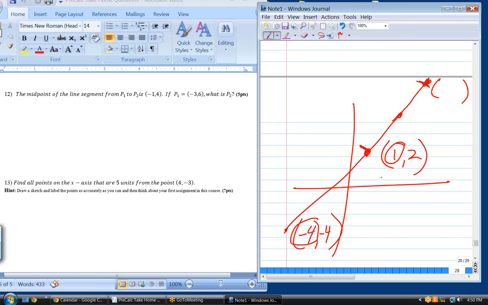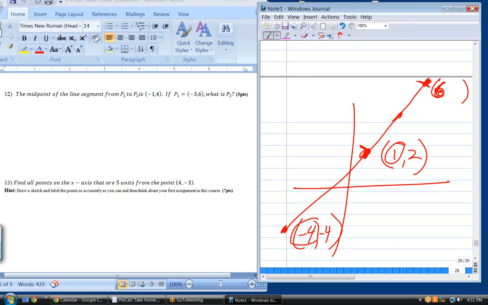No, we're going up. We went from here to there. That's going up. So to find the other endpoint, I have to keep going in that direction, 5 more. So what's the x coordinate of the endpoint going to be? 6, 5 more than 1.